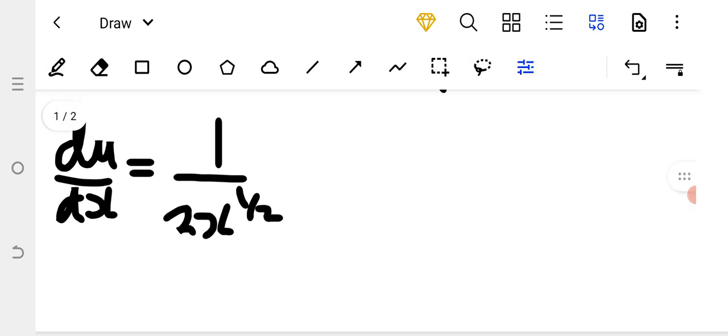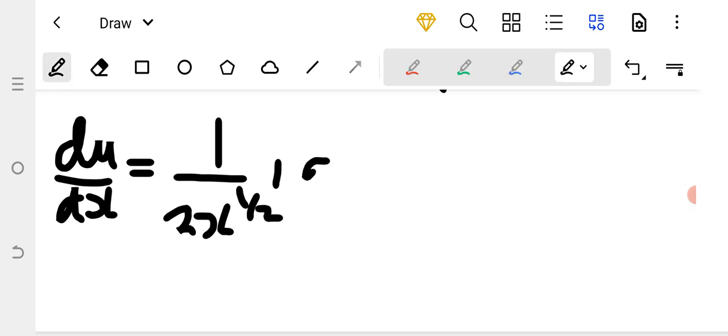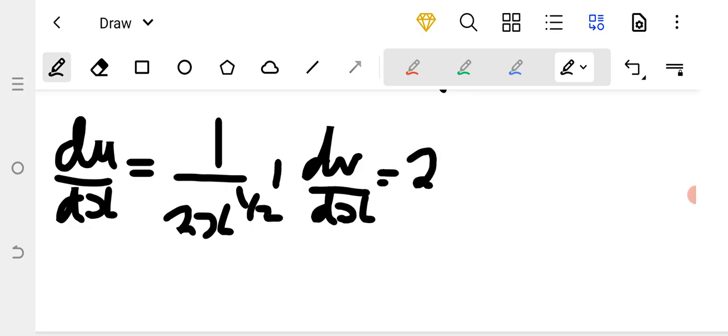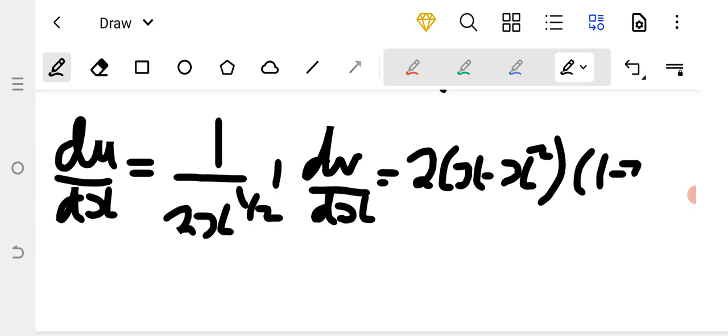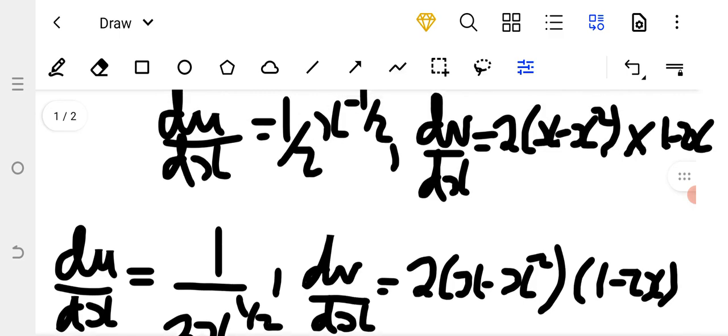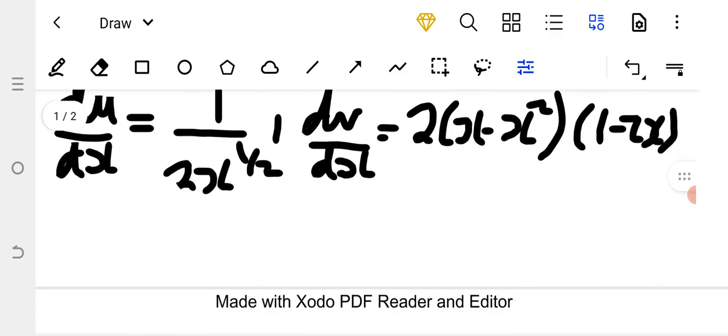And then you're going to have dv dx. dv dx is going to be equal to 2 multiplied by x minus x squared multiplied by 1 minus 2x. That's your dv dx, as you can see up there.